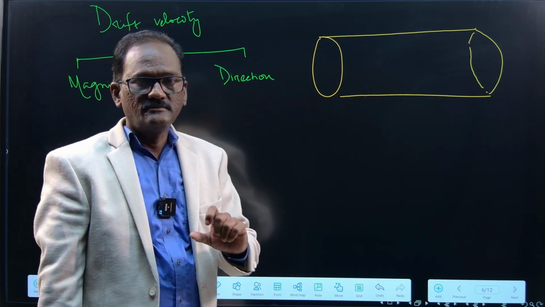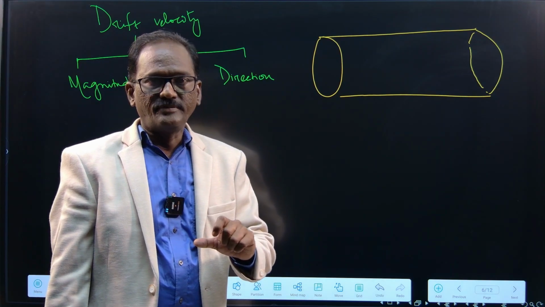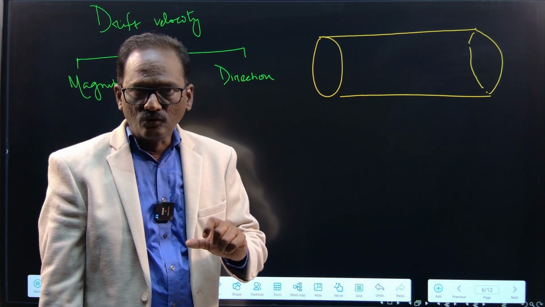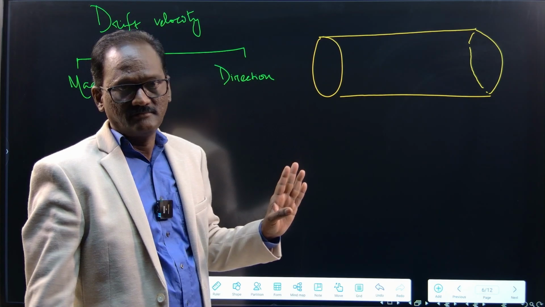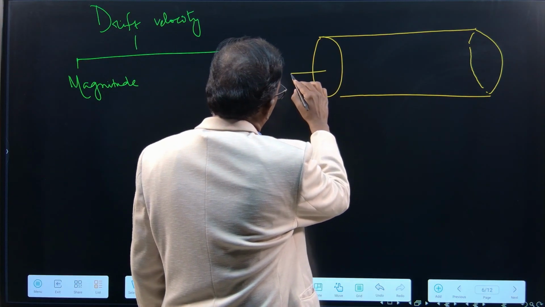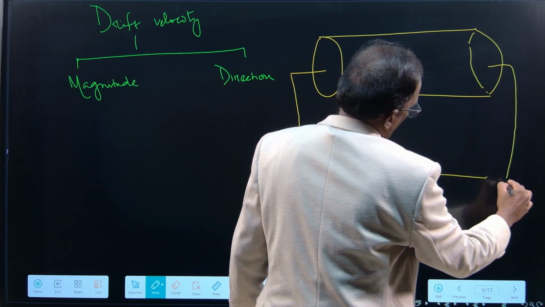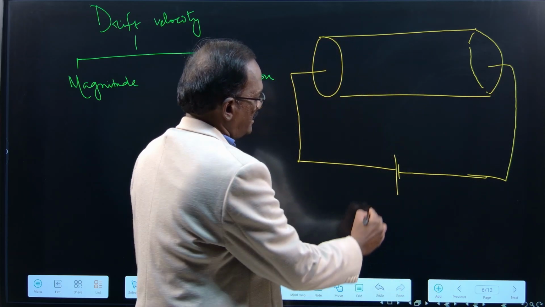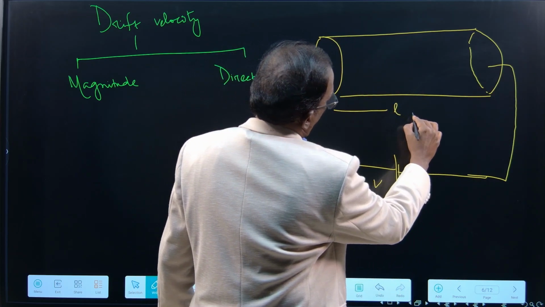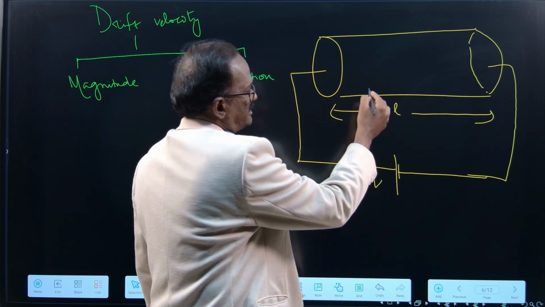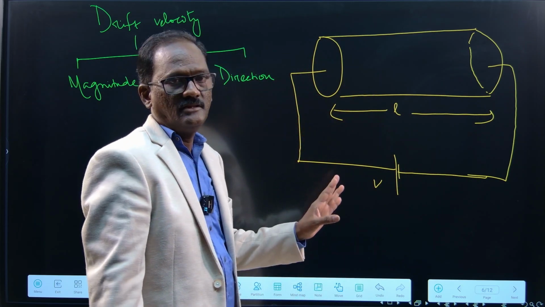We know that at room temperature, all the free electrons move in random directions, right? Now an E field is available because of this wired battery. E is equal to V by L.